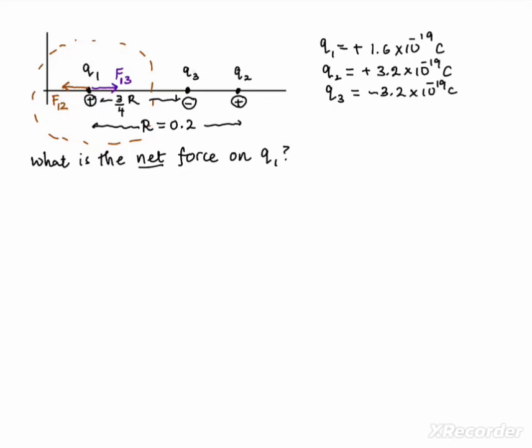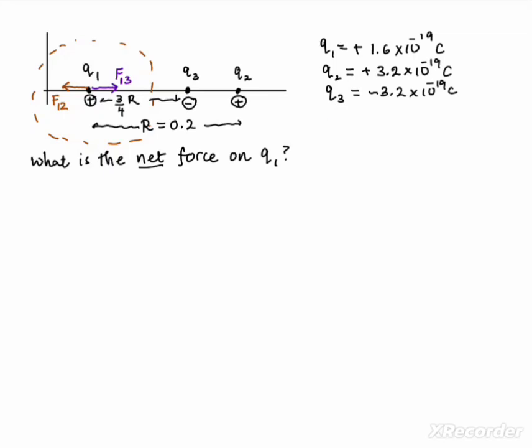Now you see that I'm not drawing anything on Q2 or Q3, and that's not because there aren't any forces on Q2 or Q3, but just because it's not the question. The question is what is the net force on Q1. So now we have F12 and F13. Let's figure out the magnitude, meaning how big these values are in newtons.